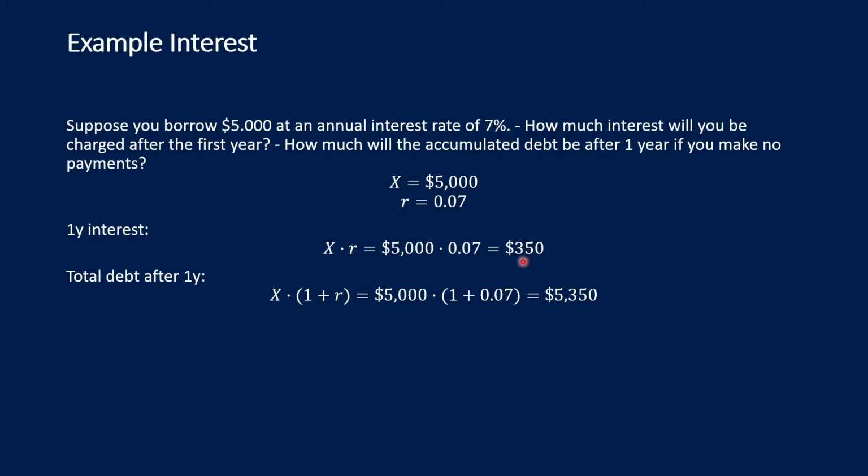So your total debt outstanding after 1 year is of course X times (1 plus r), and that is 5,000 times (1 plus 0.07), and that is 5,350. And as you see, 5,000 plus 350 is, of course, 5,350. That's compounding. We put the interest on top.